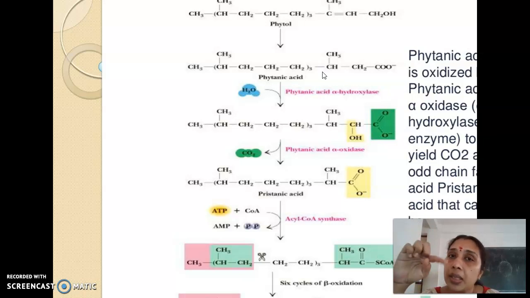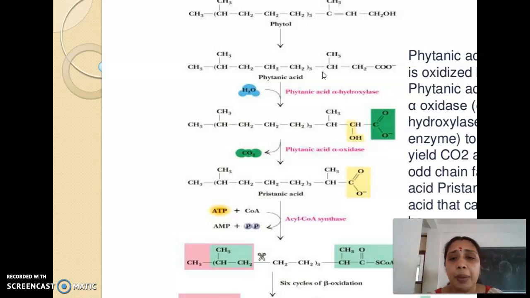There are certain projections in the case of rough endoplasmic reticulum, which can be called microsomes, and it is in the microsomes that alpha oxidation takes place. Clear? It is not happening in the smooth endoplasmic reticulum, it is on the rough endoplasmic reticulum. So it occurs in the endoplasmic reticulum and the mitochondria of the brain cells and liver.